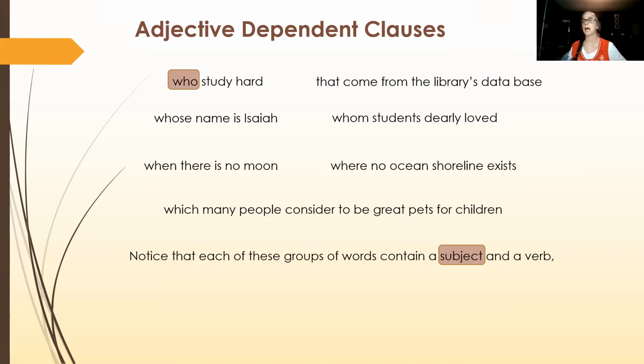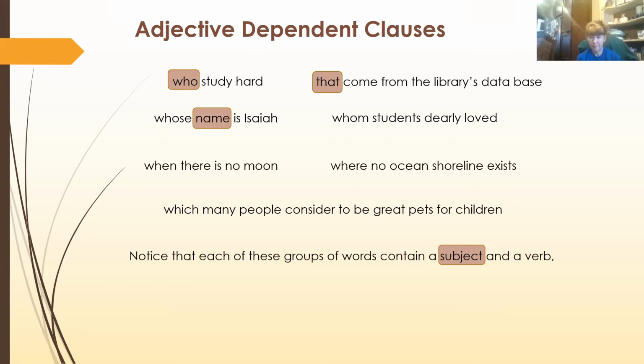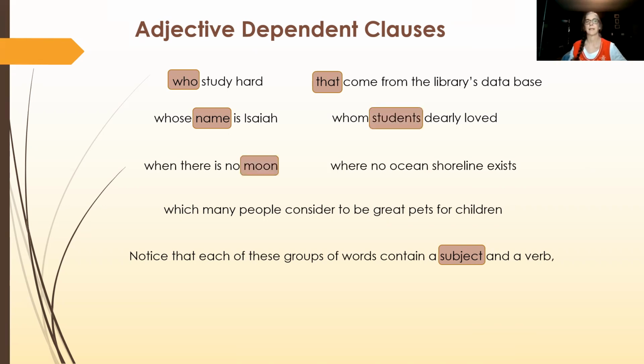Sometimes the subject is the relative pronoun itself. Sometimes it's not. Sometimes the noun that is the subject of the verb is not the relative pronoun. I'm going to explain why in a minute after we look at our verbs.